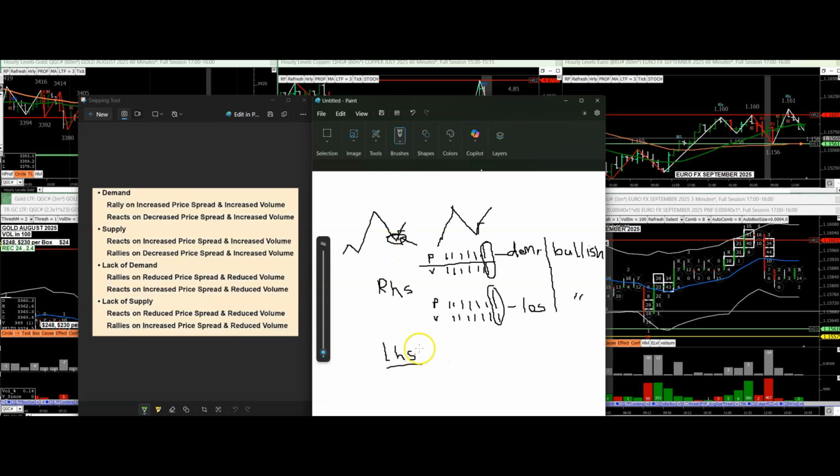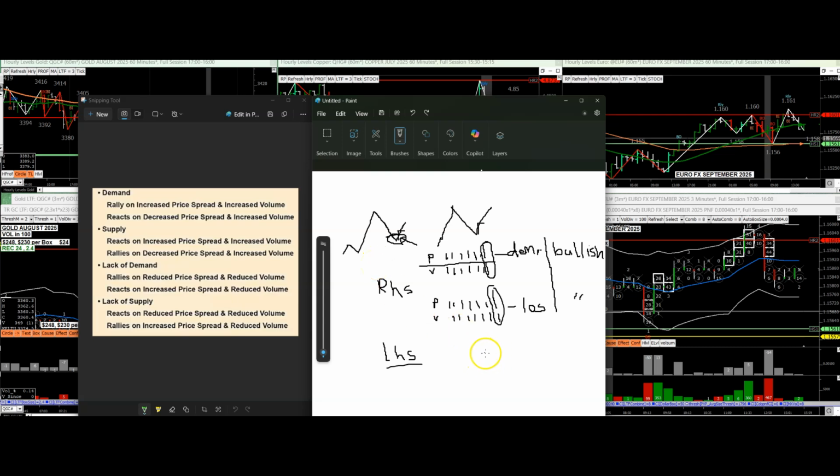So how do you do this on the left-hand side? These two situations are on the right-hand side, but I want to see it on the left-hand side of this pivot.